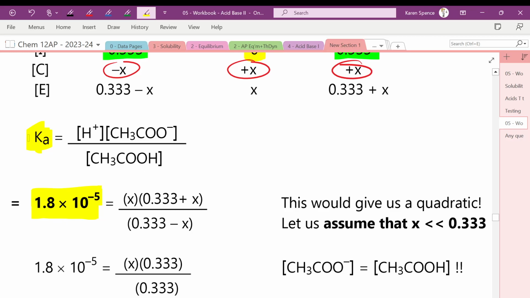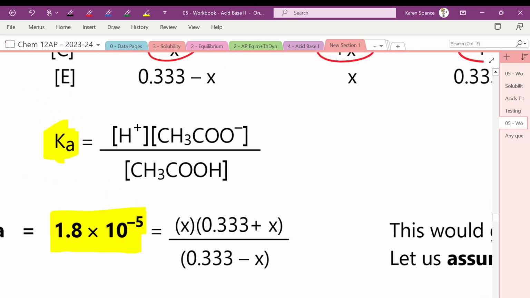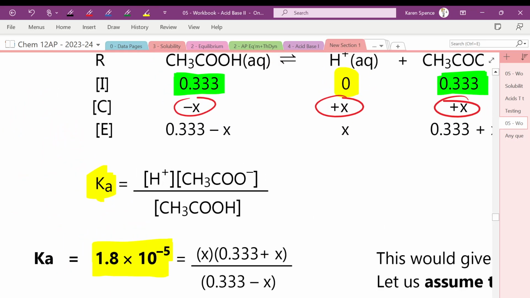Plug in your equilibrium values, and then you look at all those x's in that equation, and what do you say to yourself? Let's assume those x's are insignificant, because otherwise we would end up with an x squared term and an x term and a number term, and that would give us a quadratic, and God knows we don't want to do that if we don't have to.